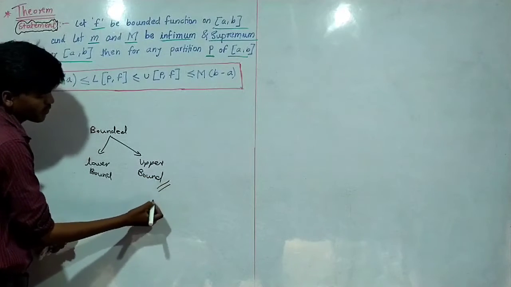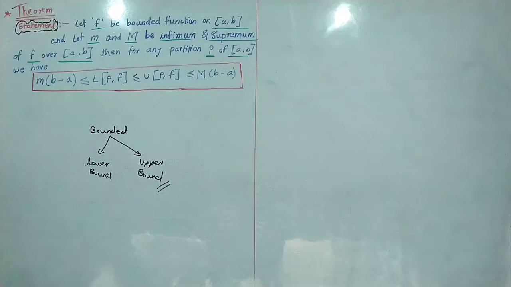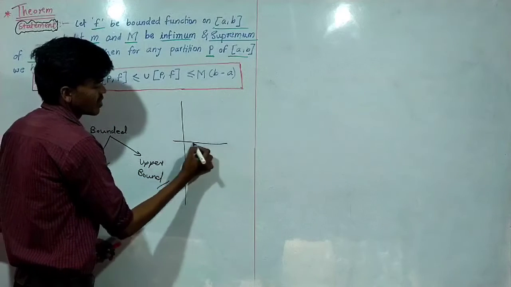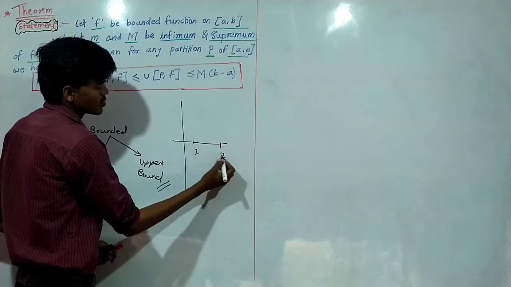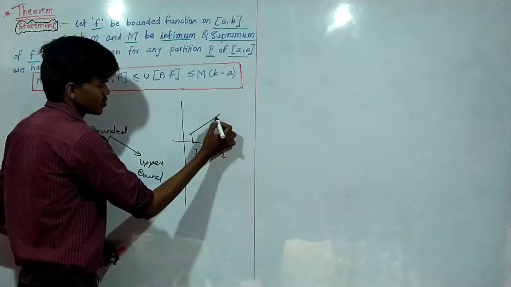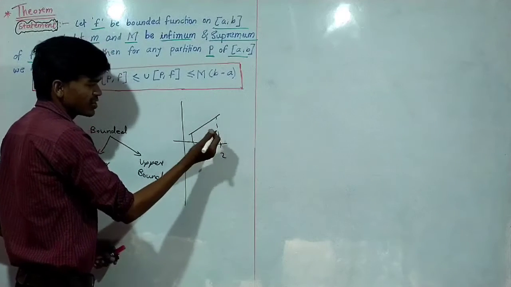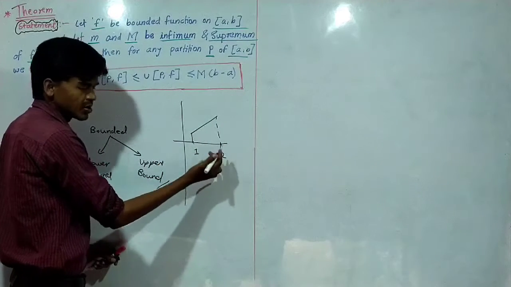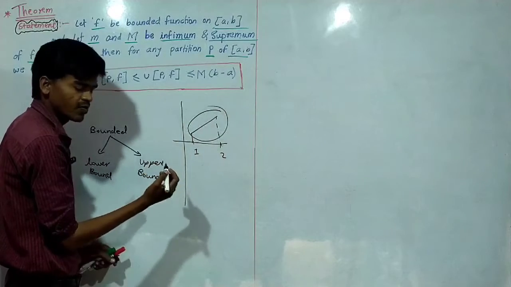That type of function we can call a bounded function. So here, say the interval 1 to 2 is given, so this function is bounded, limited between 1 and 2. That type of function we can call bounded.